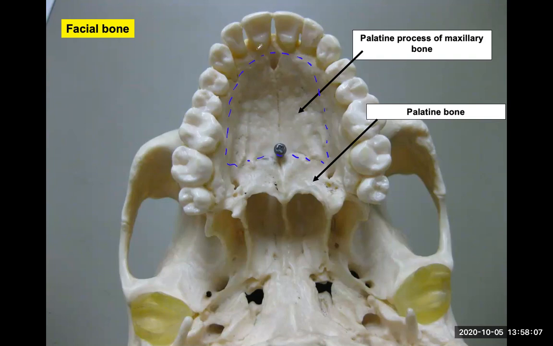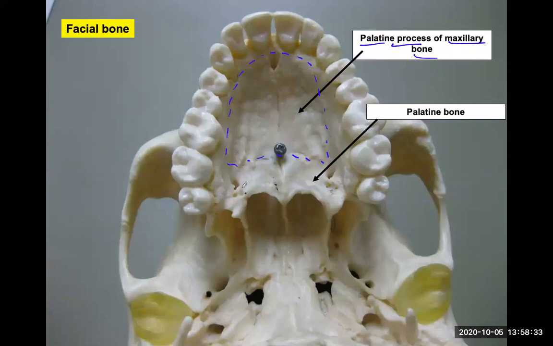So this continues to form the majority of the roof of your mouth as well. It is called the palatine process of the maxillary bone. Again, it's not a separate bone. It's an extension of a bone that already exists, so I'm calling that a process. And palatine comes from palate, basically forming the roof of your mouth.